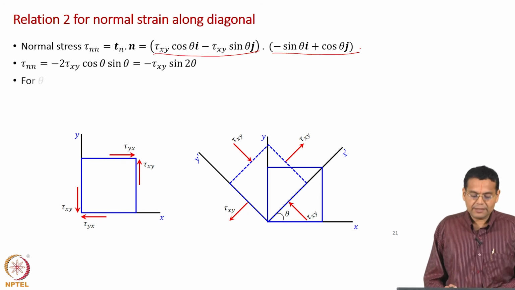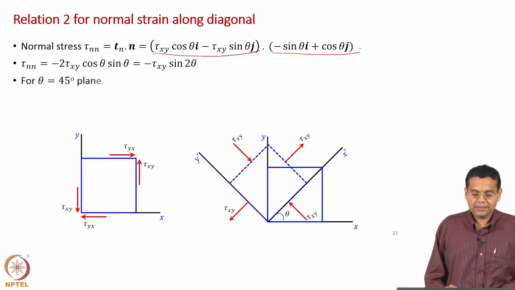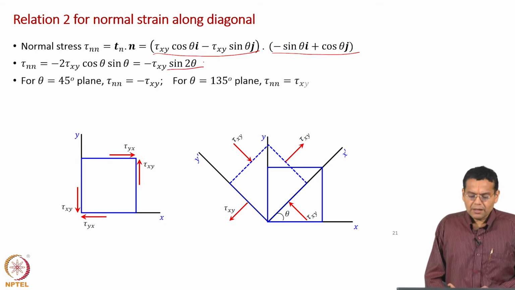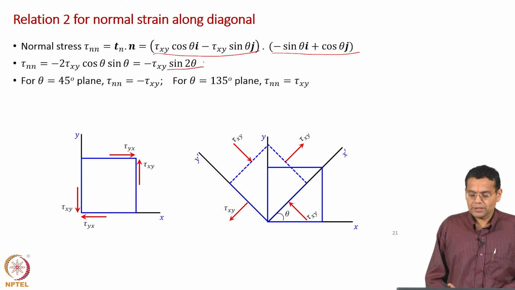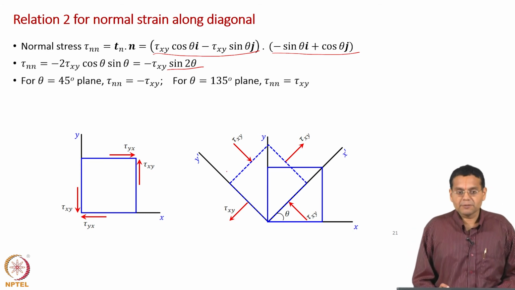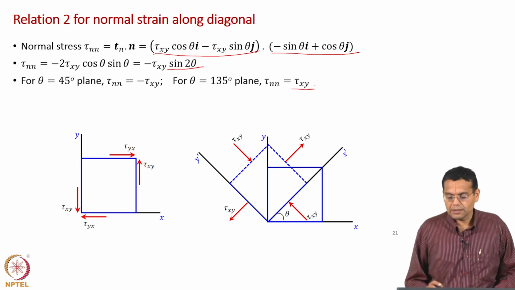Let us evaluate for the two planes. For the theta 45 degree plane, sin 2 theta becomes 1, and you get tau nn equal to minus tau xy. For theta equal to 135, sin 2 theta becomes minus 1, you get tau xy.